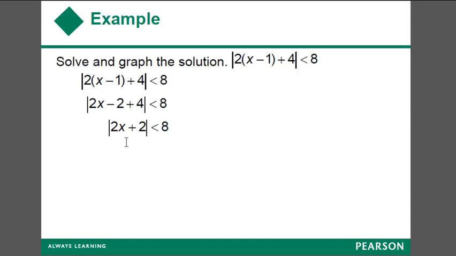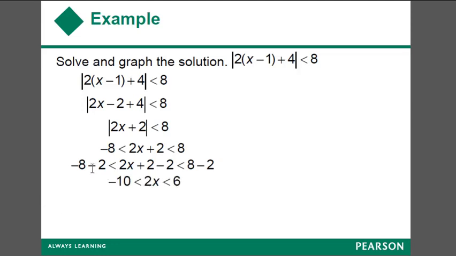Now, since I have the absolute value less than a number, I will set it in between its negative and positive value. Whatever I do to one side, I must do to all three, so I will subtract 2 from every side. This will give me -8 minus 2 gives me -10 is less than 2x less than 6.